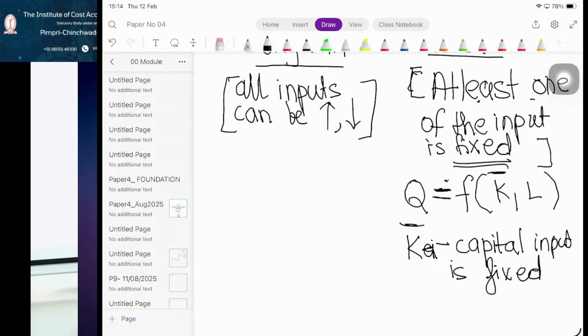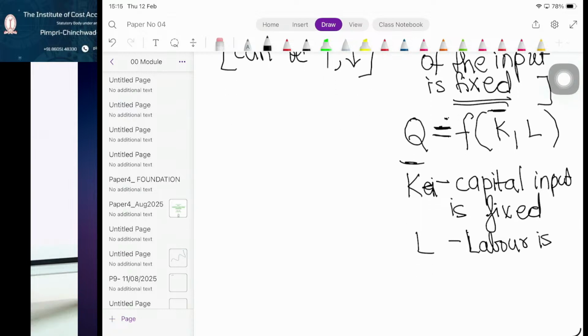And there is no horizontal line over L. That means labor is a variable input. Labor is the variable input.